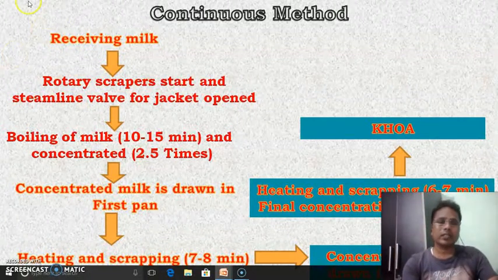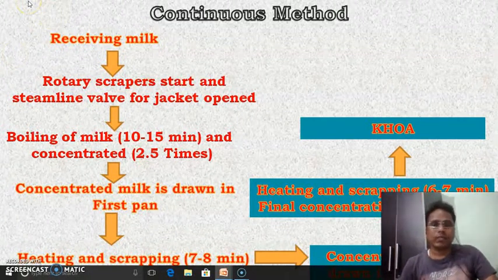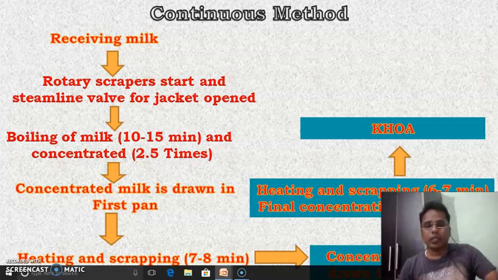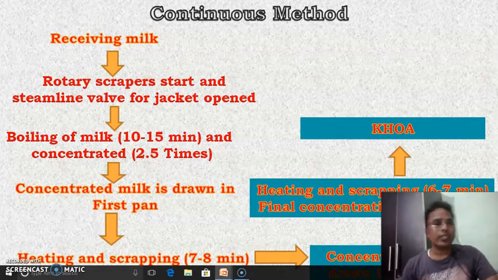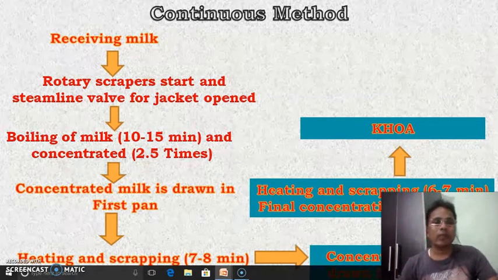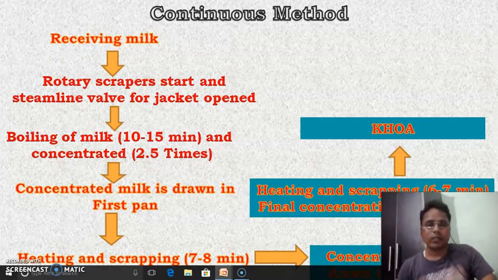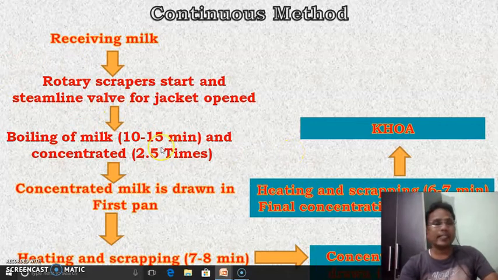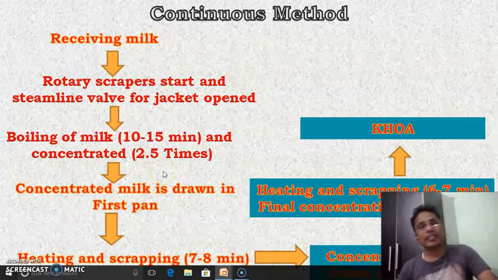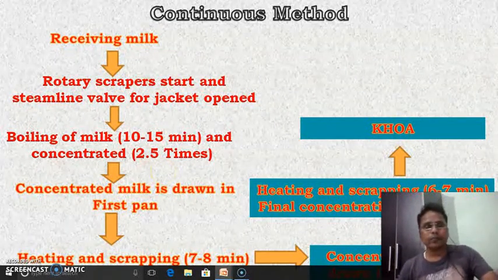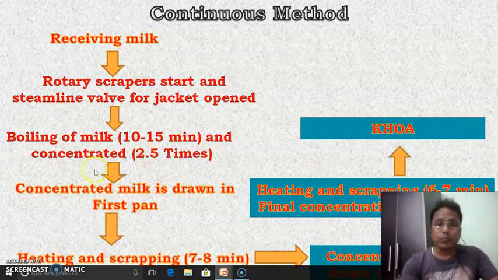Then this milk is taken for the next step, that is, the rotary scraper starts and the steam line valve for the jacket opens. Then the milk is boiled here for 10 to 15 minutes and concentrated up to 2.5 times. It means the milk is more concentrated here.